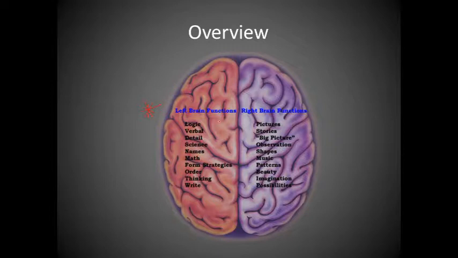And so that is all left brain. The right brain functions as picture, stories, looking at things from the big picture, observation, shapes, music, patterns, beauty, imagination, and possibilities. So it can be said that the right brain is more of the imagination portion, and the left brain is more of the logical portion.